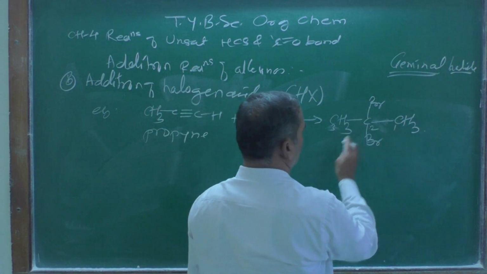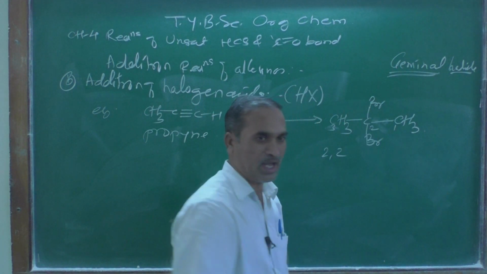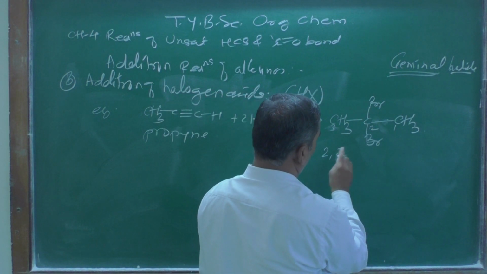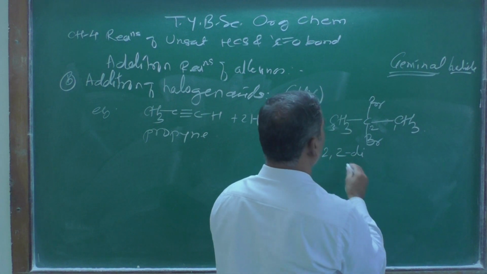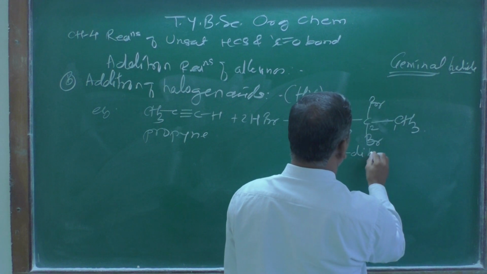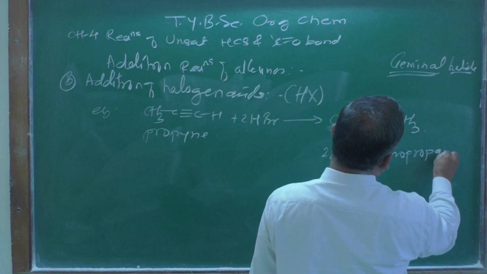So the IUPAC name of this compound: 2,2, because both the bromine atoms are present at the second carbon atom, and therefore we can call it dibromopropane.